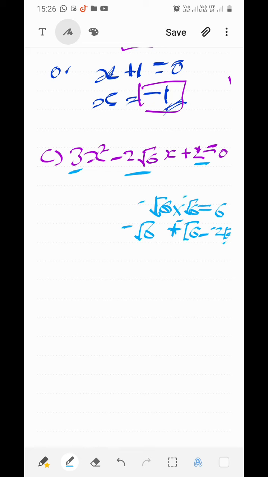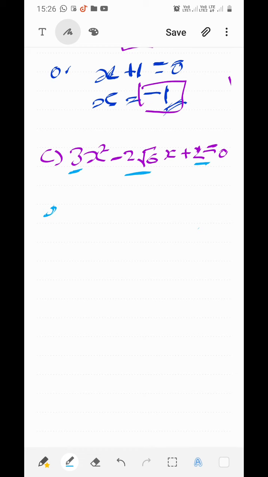Minus root 6 into minus root 6 is plus 6, and minus root 6 plus minus root 6 is minus 2 root 6. So the numbers are minus root 6 and minus root 6. So we have to split the middle term.